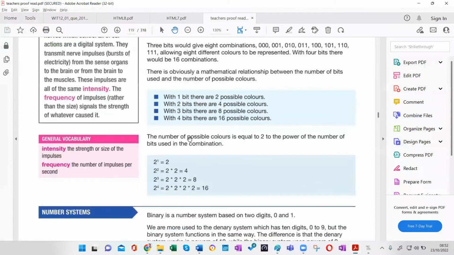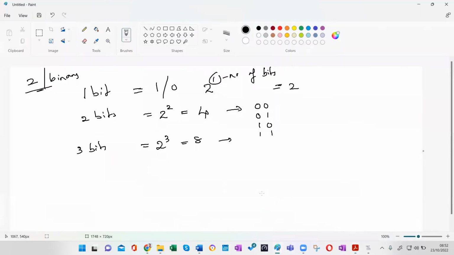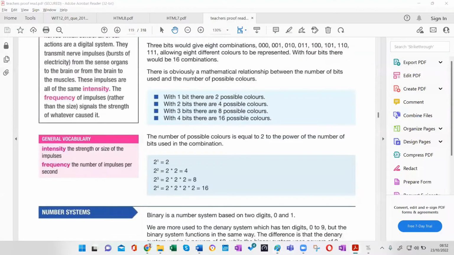Right, so that's what they say here. With 1 bit, there are 2 possible combinations. They are referring this to colors. If you have 1 bit, you can have only two colors.